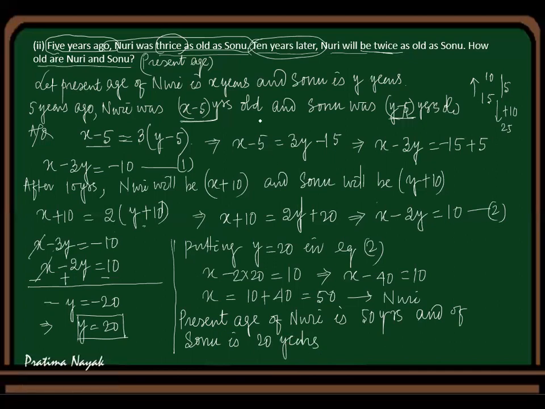So we can verify it. 5 years ago, Nuri was 45 and Sonu was 15. So 45 is 3 times 15. Similarly, 10 years later, Nuri will be 60 and Sonu will be 30, so it will be double.